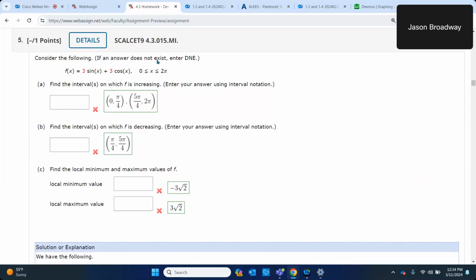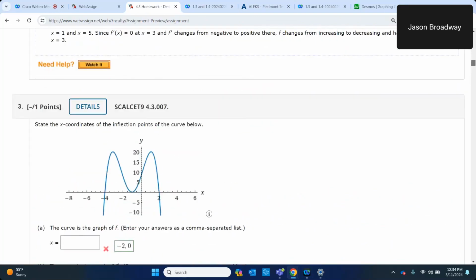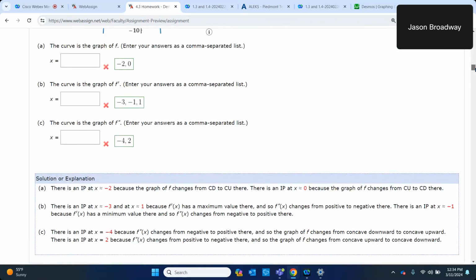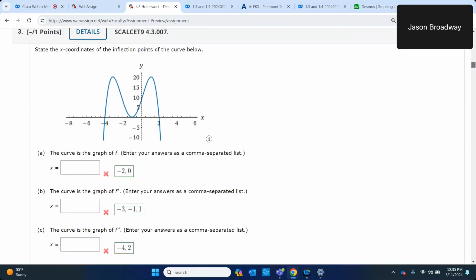If it does not exist, enter D and E. Well, back at this one. That's right. And we rejected. Touched and turned back around again.